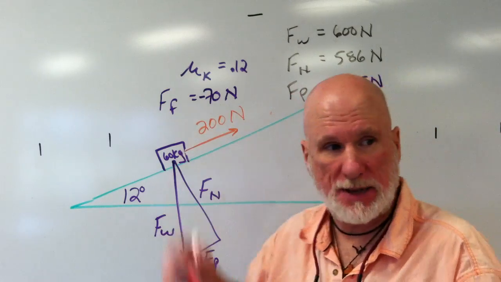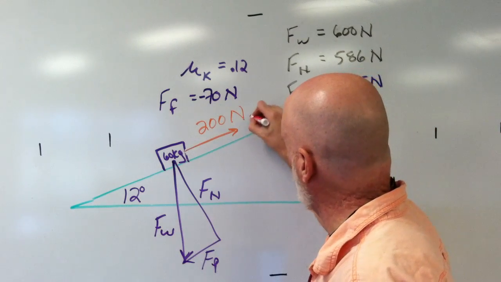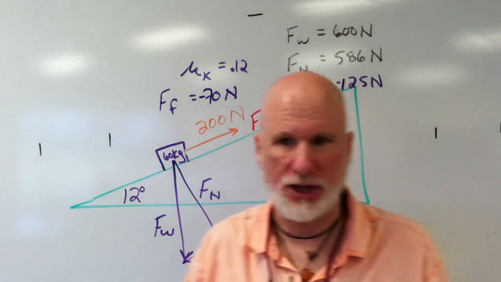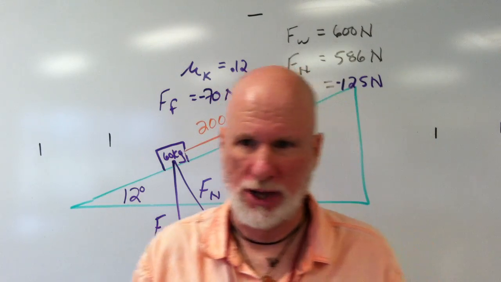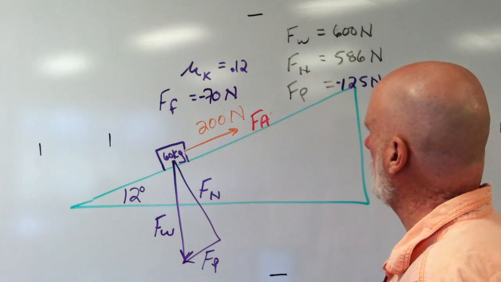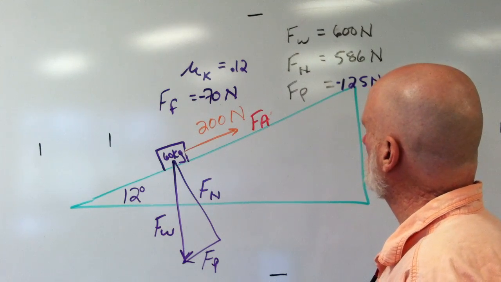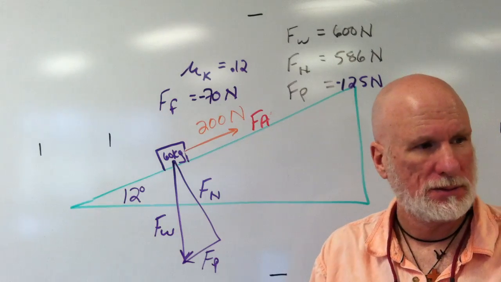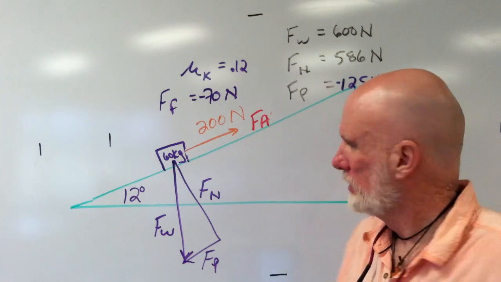So 200 newtons, that's the applied force, FA. Is that good? Now, what else? The force of friction opposes the direction of motion.